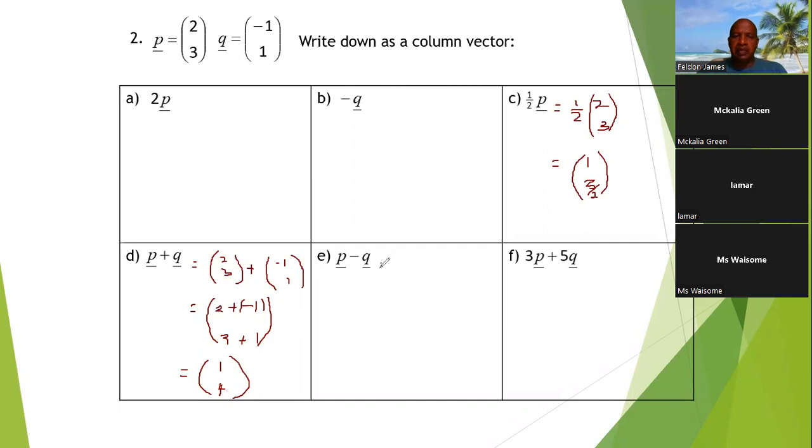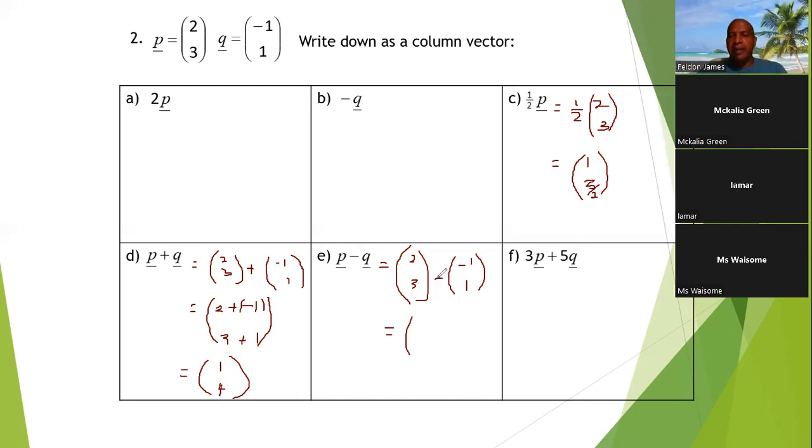What is the answer to this one now? So this would be P minus Q. So it will be 2, 3 minus 1, 1. So what would we have here, guys? If you have 2 minus 1, that gives you what? 1, sir. No, you have to be careful.